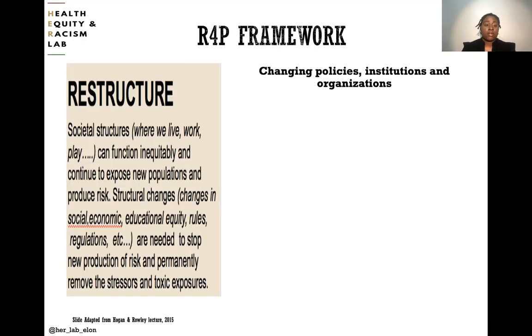Then you have the fourth R, restructure. So as we talked about earlier with remediate, it shouldn't be a standalone intervention. It should happen alongside restructuring. So here we are at restructure, where you're focused on changing policies, institutions, organizations, examining those societal structures where we live, work, and play, which we know can function inequitably. And they continue to expose populations to adverse conditions and result in producing risk.